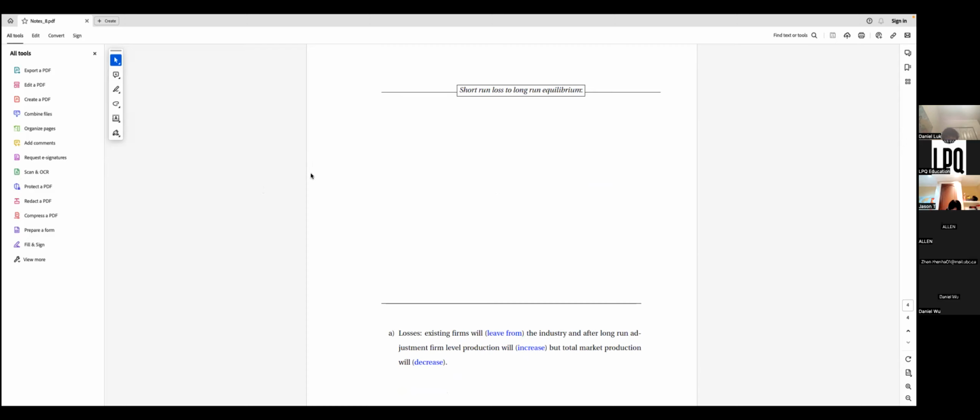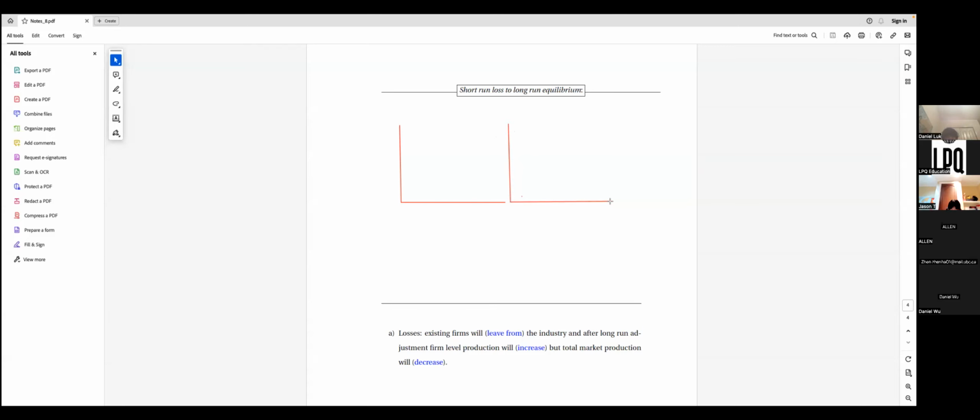Okay, so let's begin. Before COVID-19, let's assume Air Canada is in an airline market. AS-AT is the long run equilibrium graph, long run equilibrium point.